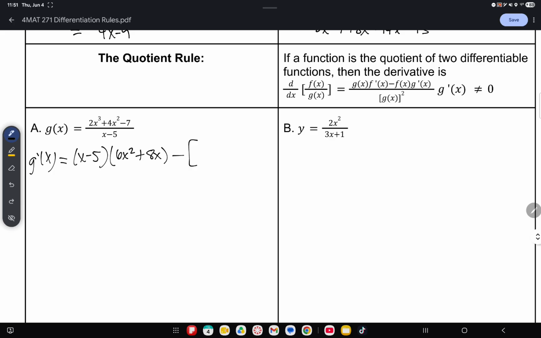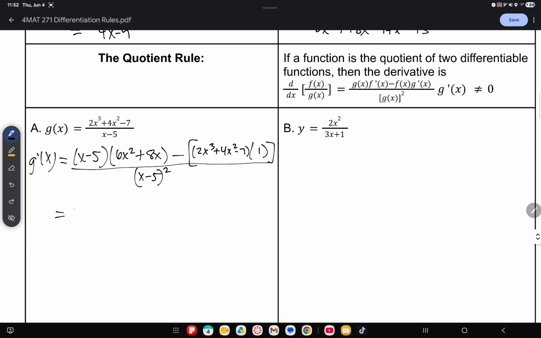So I do a bracket for myself to know that, all right, if this simplifies out, I will have to distribute a negative. So low d high minus high d low all over low low.